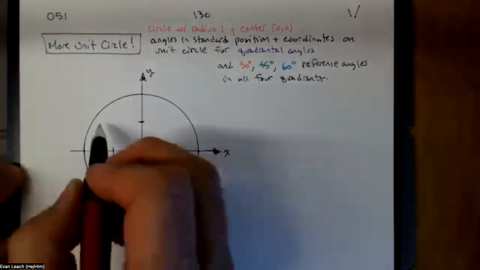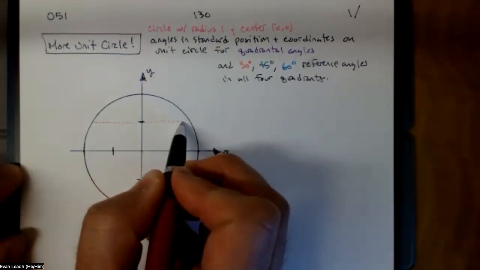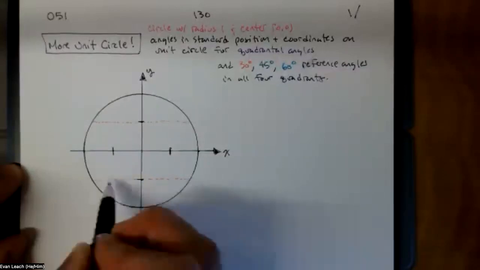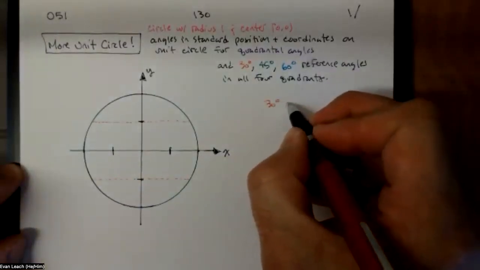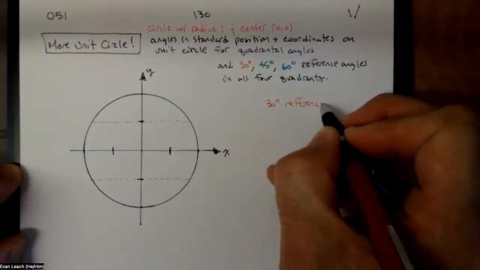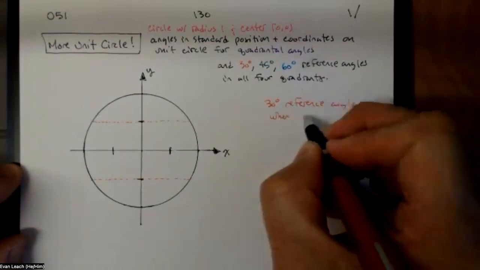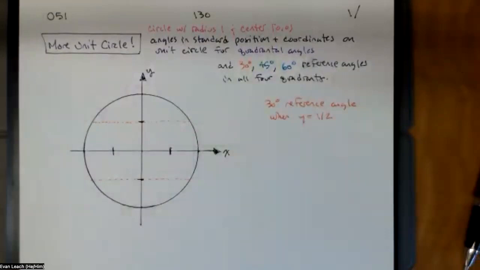So if we go 1/2 on the y's, that's how we find our 30 degree reference angles. We find our 30 degree reference angle when y is equal to 1/2.